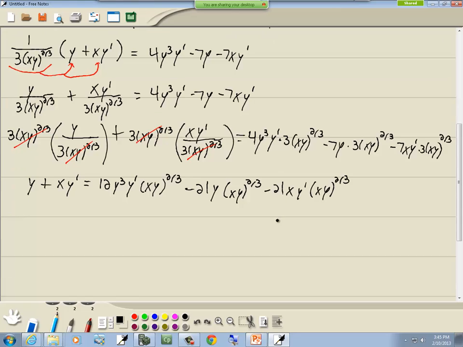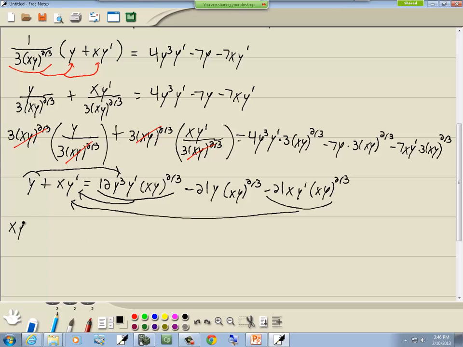Well, now we want to solve for y prime, so I want to get everything with y prime on one side, everything else on the other side. So I'll take this over to the left side, as it has a y prime, and I'll take this over to the left side, as it has a y prime. And I'll take the y over to the right side.